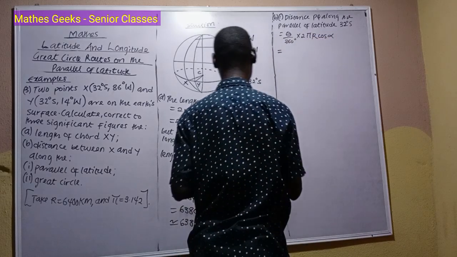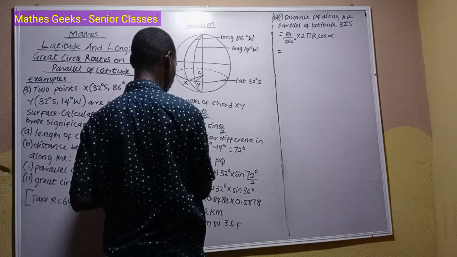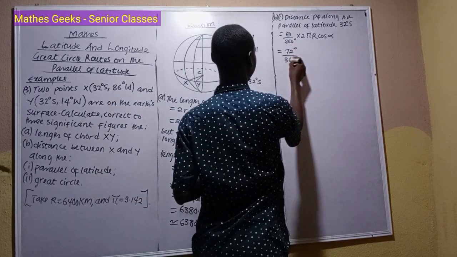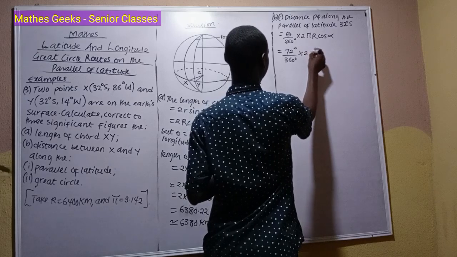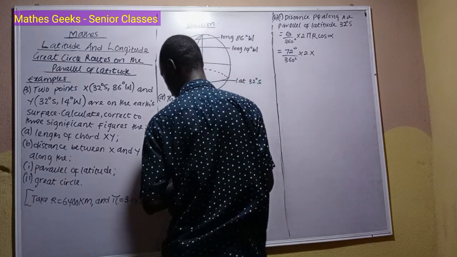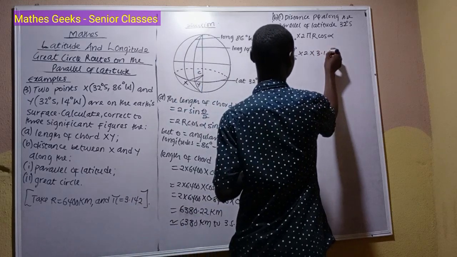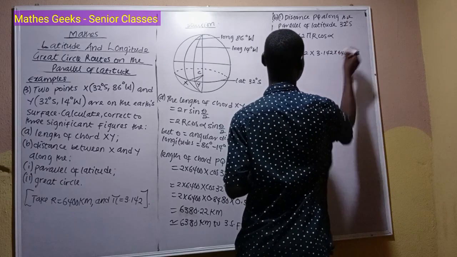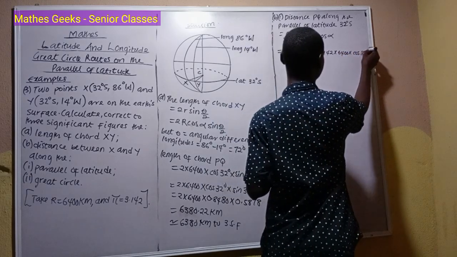So theta is the angular difference in longitude, which is 72 degrees. 72 over 360 times 2 times pi, 3.142, times 6,400 times cos 32 degrees.